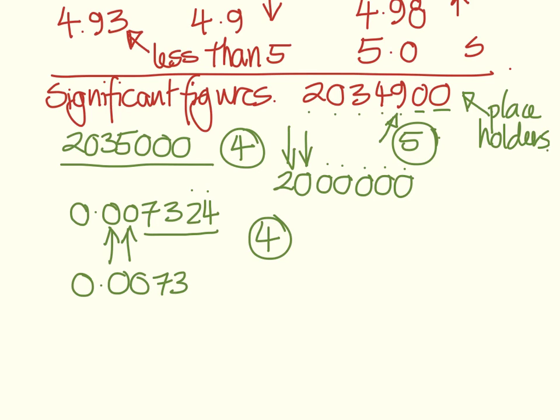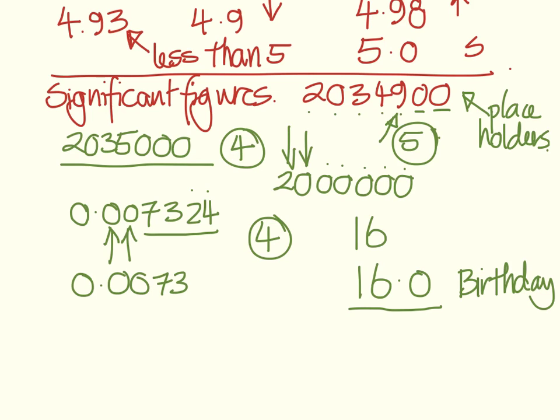If we are going to look at why we use significant figures, what it does is it actually demonstrates a level of accuracy. We talked about someone who is 16 years old compared to someone who is 16.0 years old. Someone who is 16.0 years old is pretty much, it's their birthday. If they are 16 years old, we use that for a whole year.